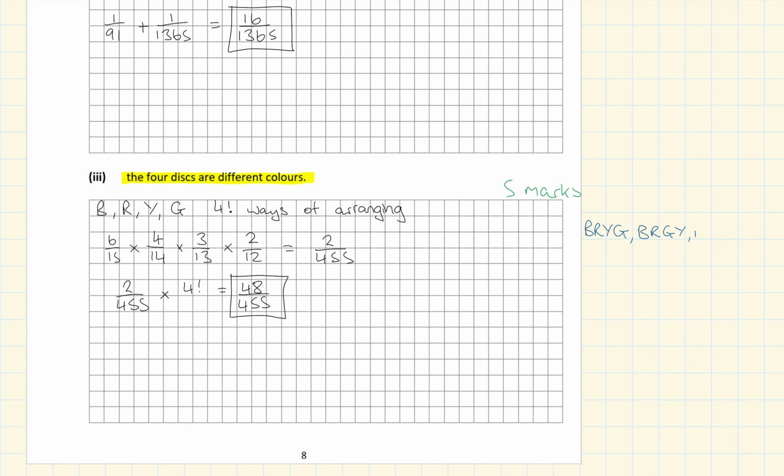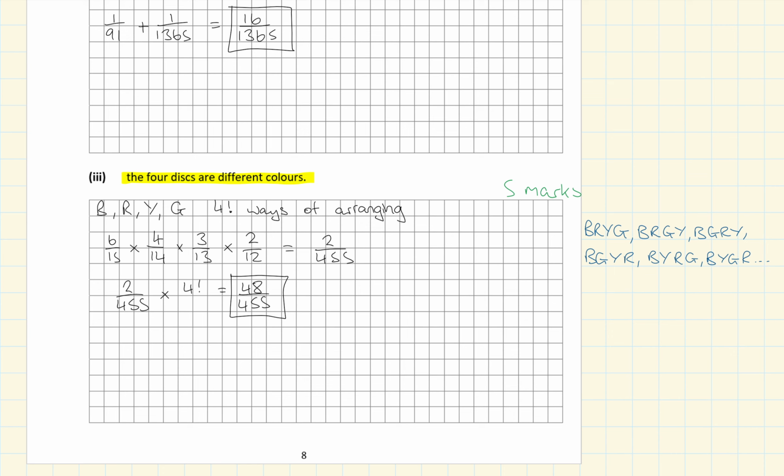Then you could have blue, green, red, yellow, blue, green, yellow, red. Then we can have blue, yellow, red, green. And that's the combinations done for blue.